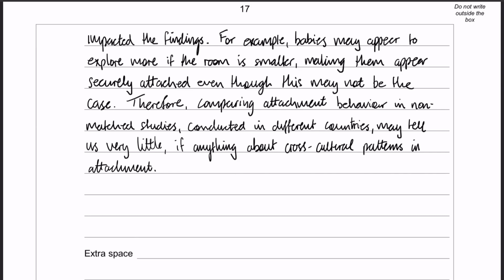So they might look securely attached even though they're actually not. Therefore, my concluding sentence: comparing attachment behavior in non-matched studies conducted in different countries might tell us very little, if anything at all, about cross-cultural patterns in attachments.